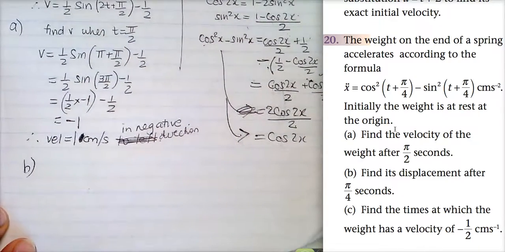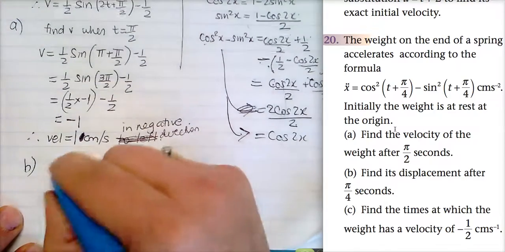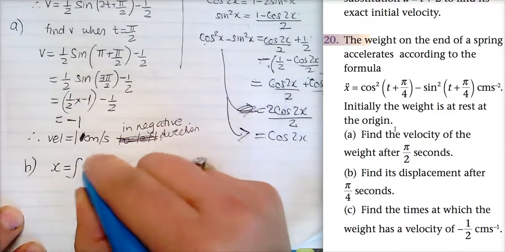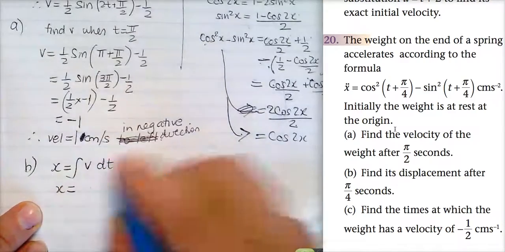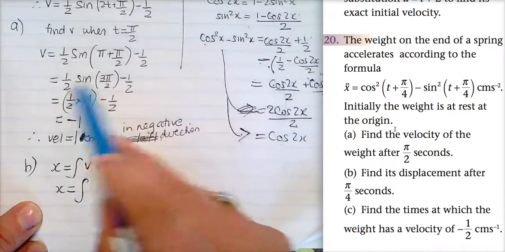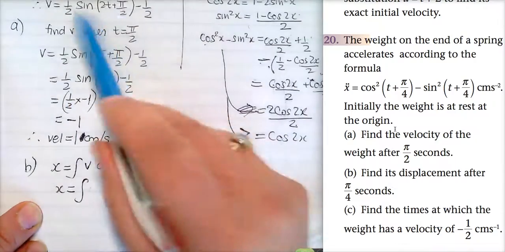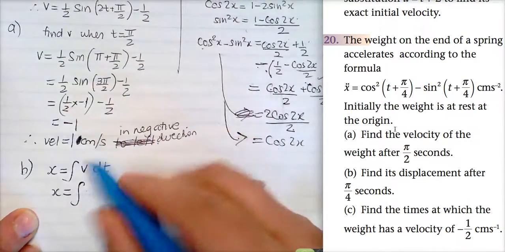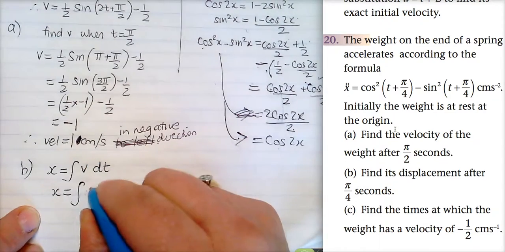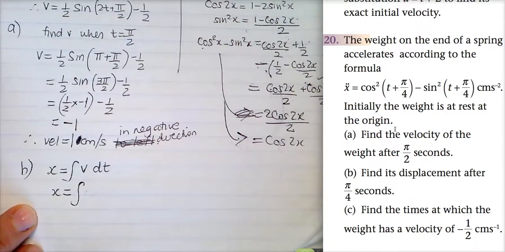You know what you're doing? X is the integral of v. X is the integral. This is the nice, oh no, there's your v, this one. Integral of, oh geez, I think we should take the half out.